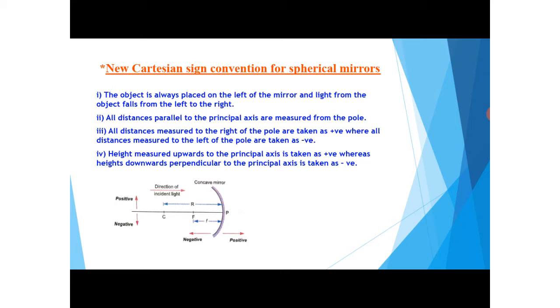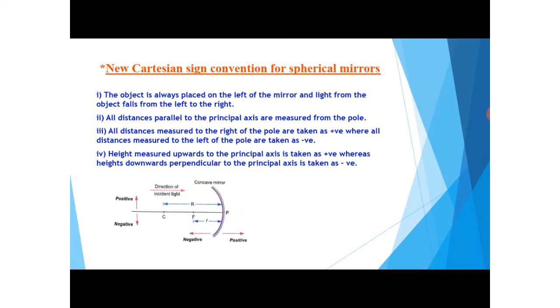The distance between F and P is the focal length, and this is negative because it is on the left side of the mirror. All distances on the left side of the mirror are negative. So our radius of curvature will be negative, our focal length will be negative, and the object distance will also be negative. Depending upon the position, we will get the image distance positive or negative.